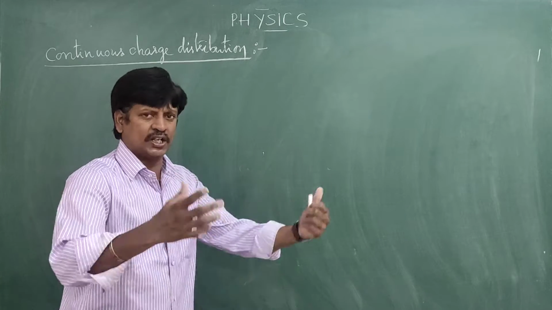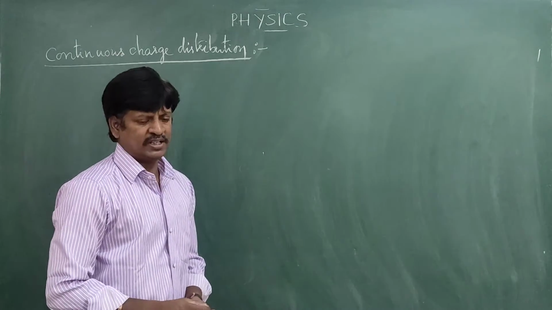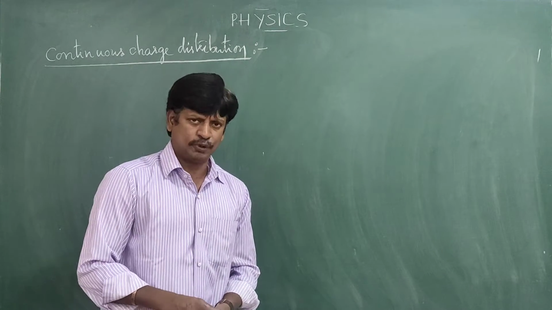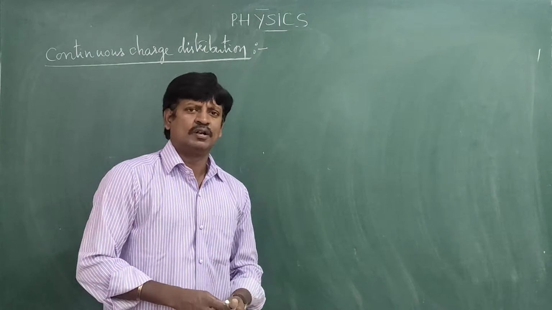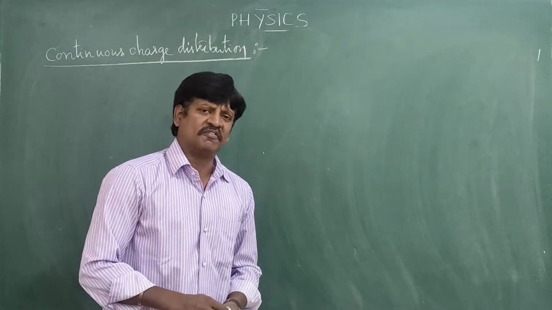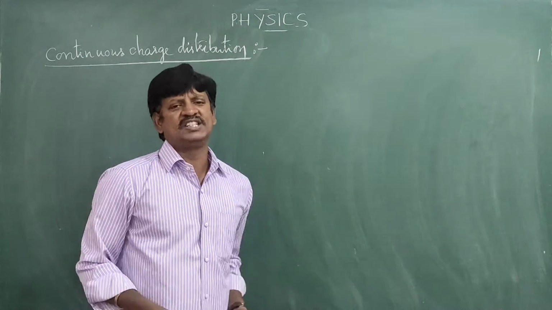All these are discrete, that means you can count the number of charges. By using the principle of superposition or the parallelogram law of vectors, we can find the force on any one charge due to all other charges, or the electric field at a particular point due to so many charges.